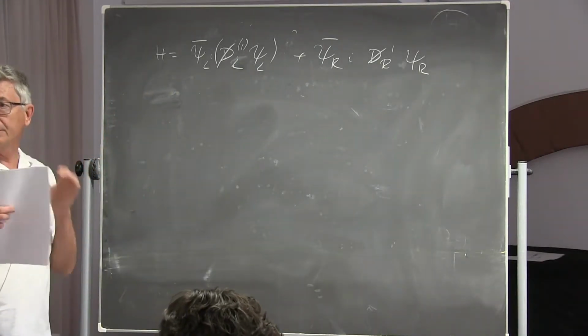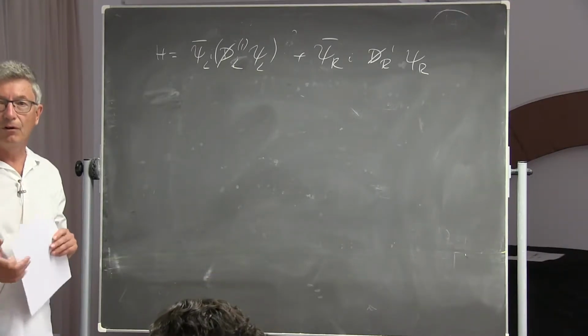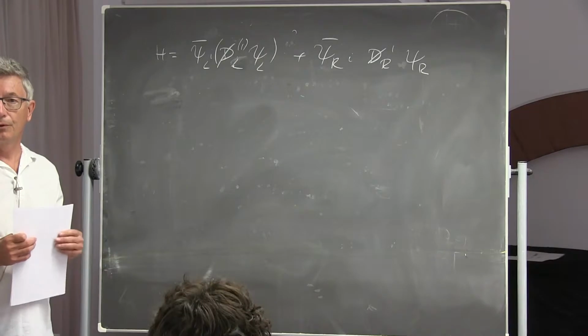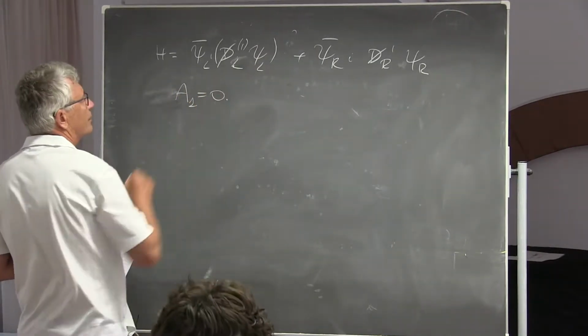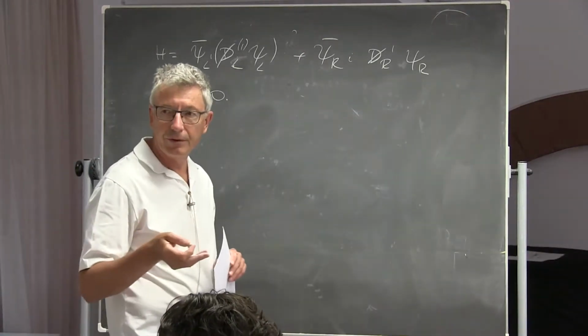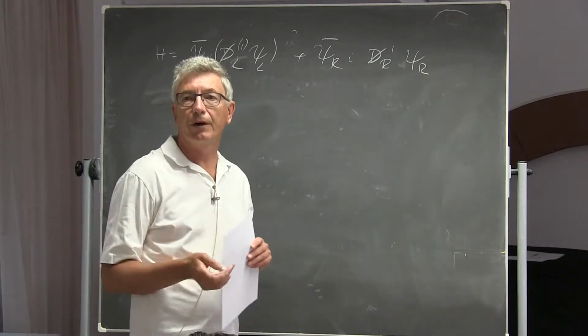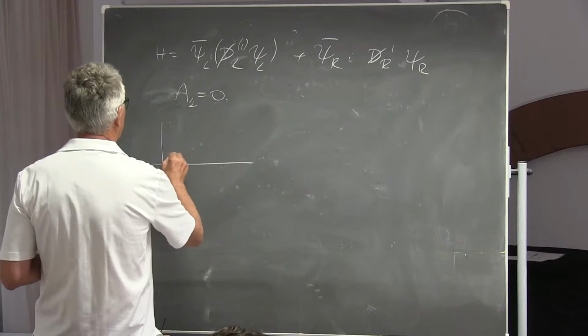And what I will be doing is finding the energy levels of our Hamiltonian. So let's first take the gauge field equal to 0. Then this is a trivial problem. We have a free field theory, and we can find all these energy levels.